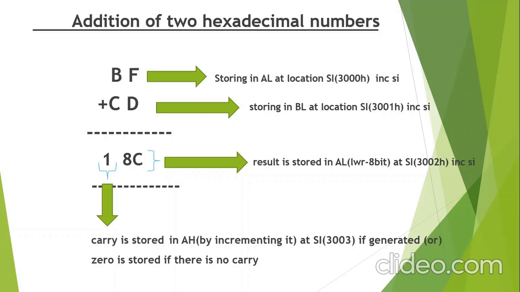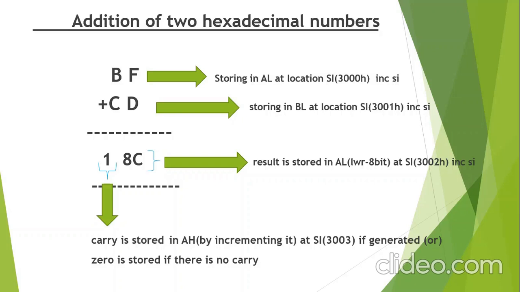Now SI is pointing to location 3001, and we moved CD to that memory location, and again we incremented SI because 3001 is already filled with CD. Now SI is pointing to location 3002, and we stored the result, that is the lower 8-bit result, into location 3002, and if carry occurred, that particular bit will be stored into AH. Okay, I think you got it.